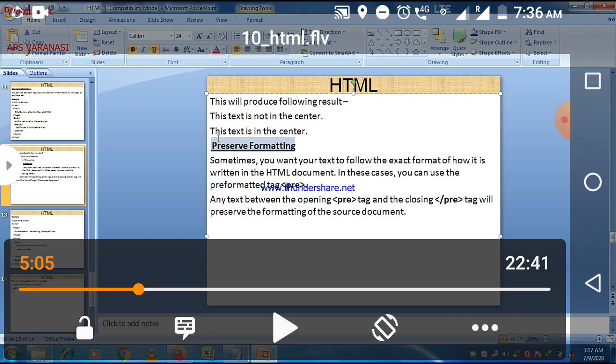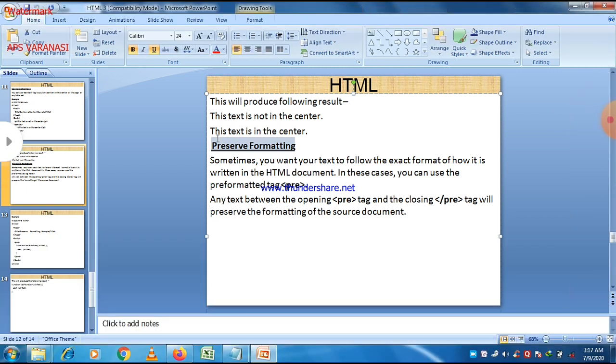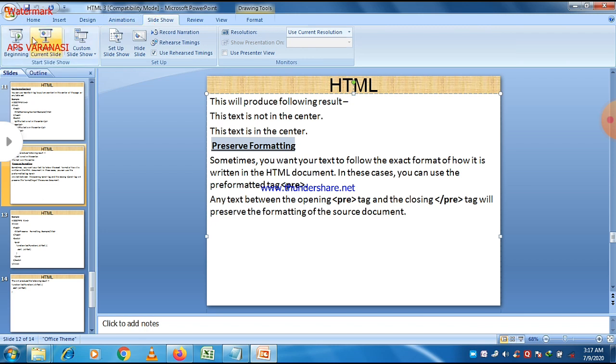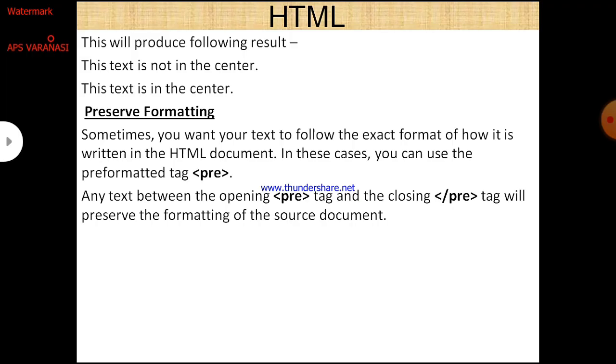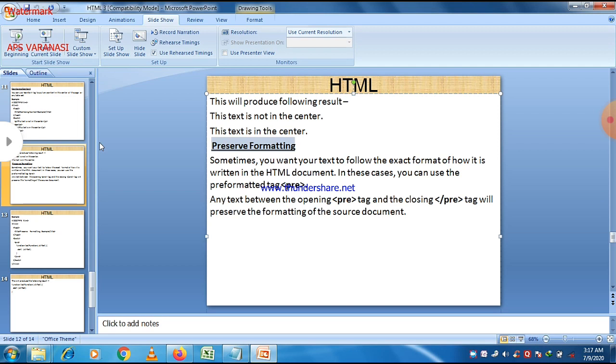So let's do it. You can easily see that the name of the tag is PRE, and it is also a container tag. It means any text between the opening tag and the closing tag will preserve the formatting of the source document. Now let us take an example of it.